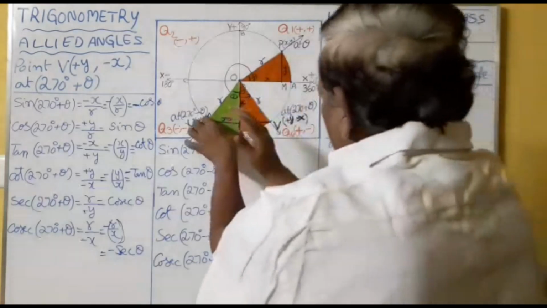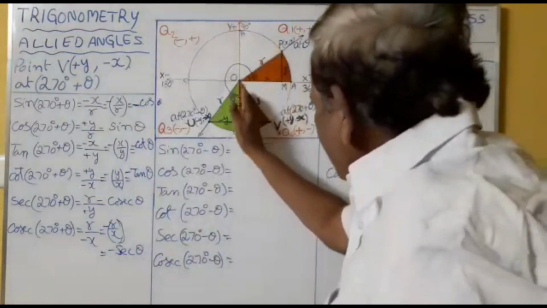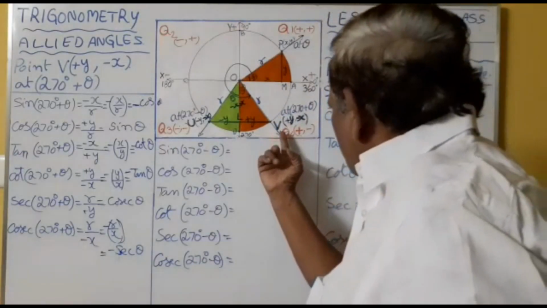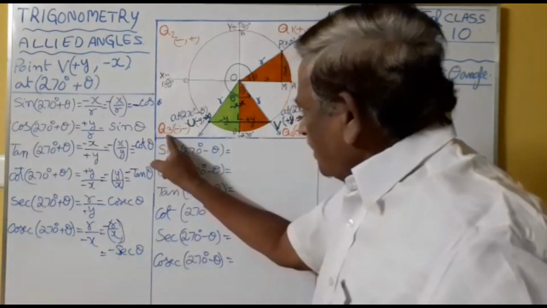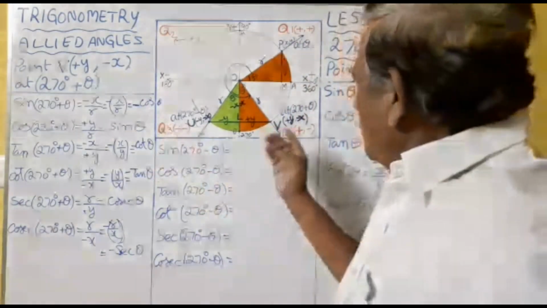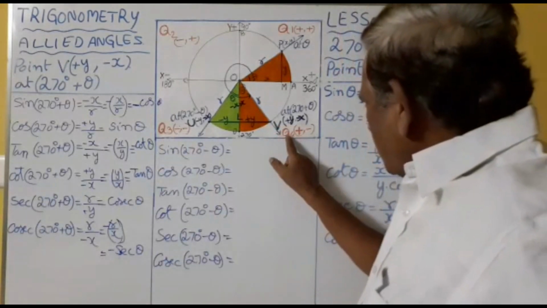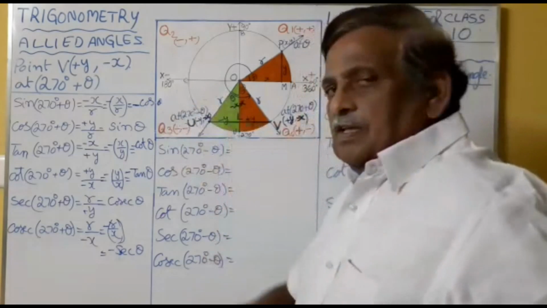Due to lateral inversion about the y-axis, the V point enters into the quadrant Q3. V point, which is in Q4, enters into Q3.